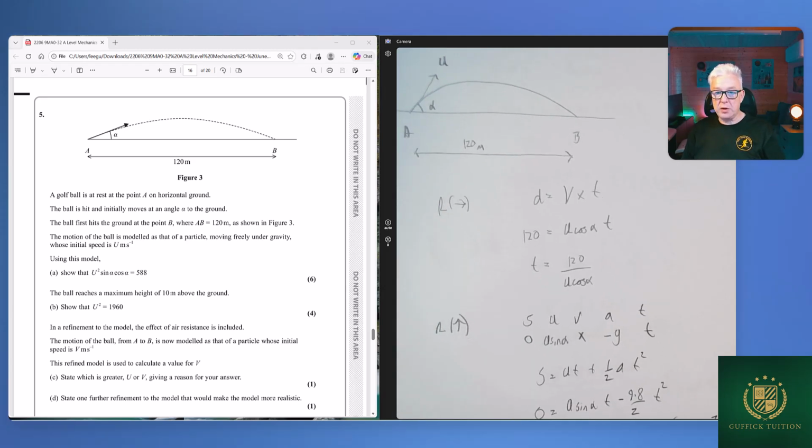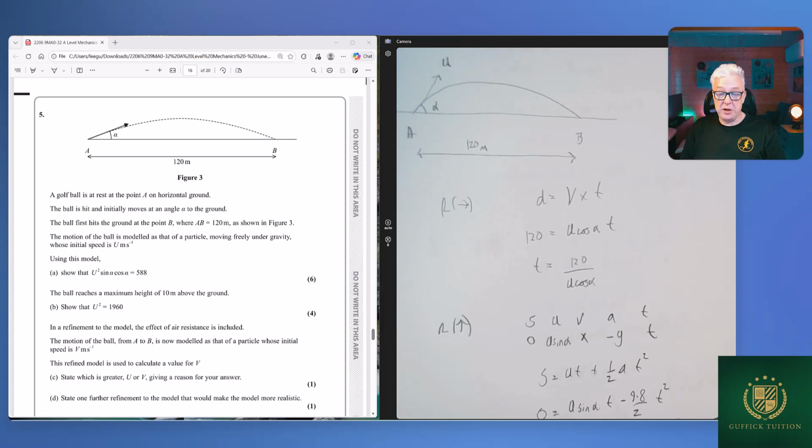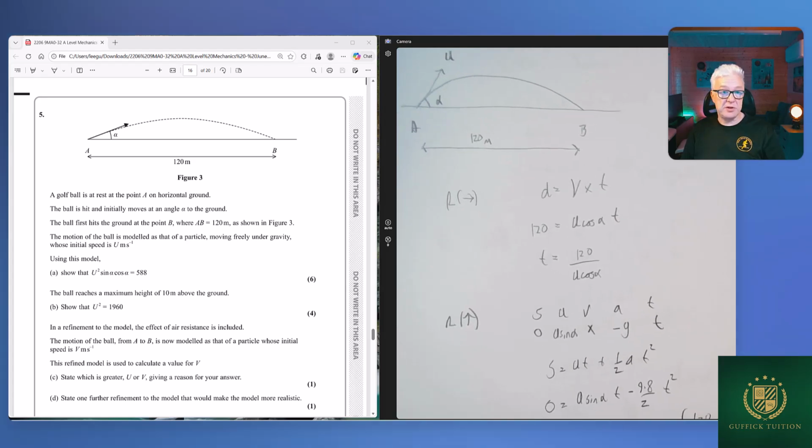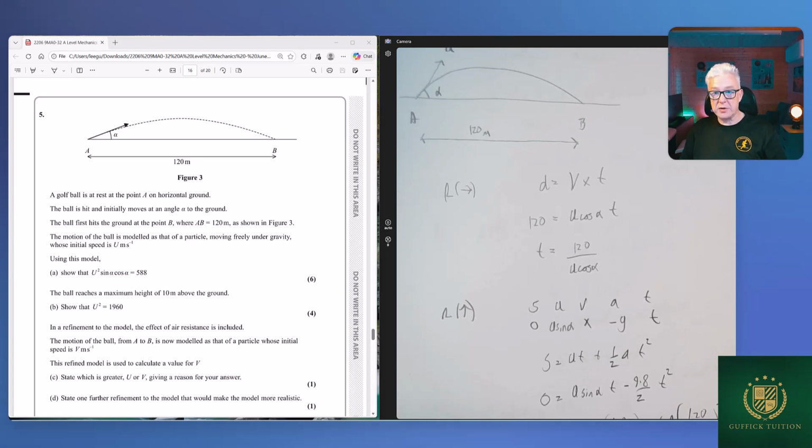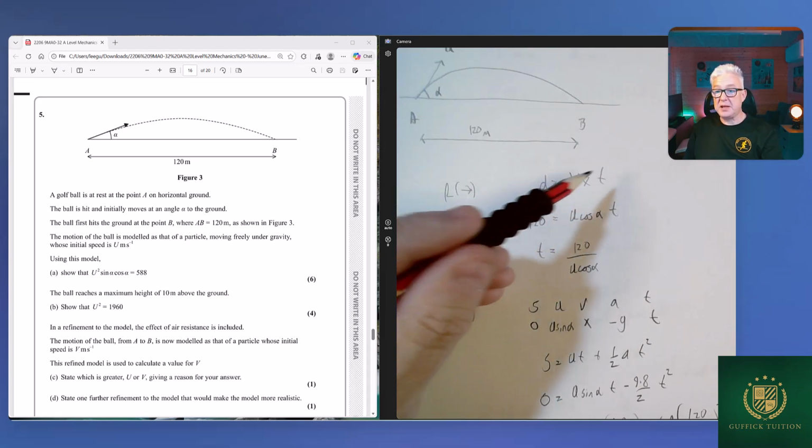Now, first of all, you've only really got 2 tools available to you in a projectile question, and that's just resolving vertically and resolving horizontally. There's not an awful lot more you can do. So when we resolve horizontally, remember there's no component of acceleration due to gravity acting in the horizontal because gravity acts straight down. So if speed is distance over time, then distance is equal to speed times time.